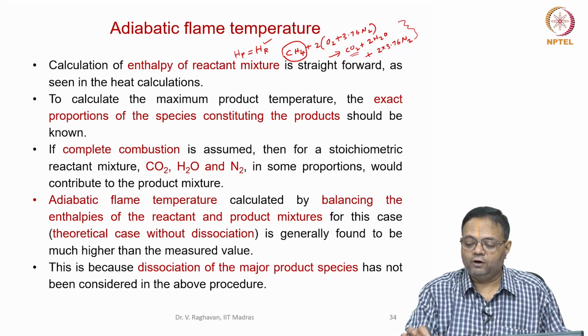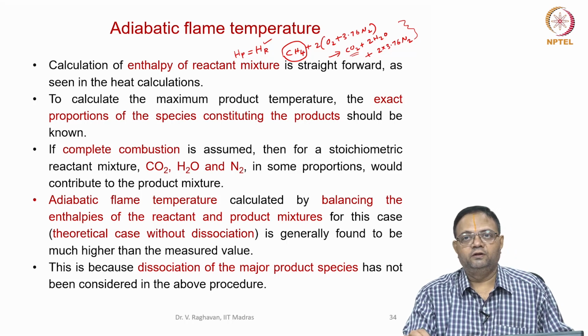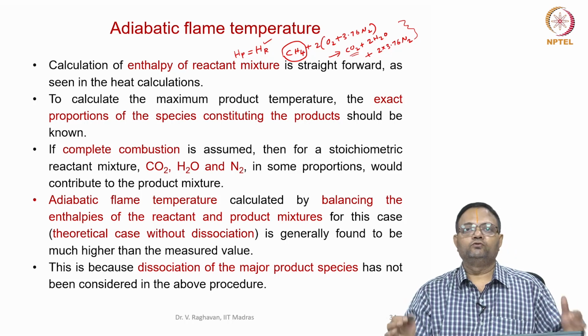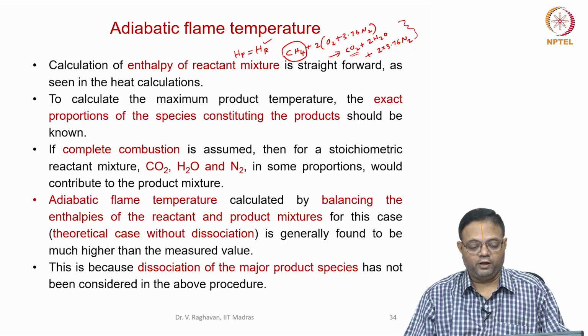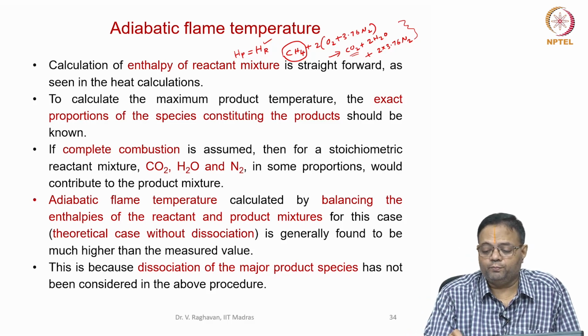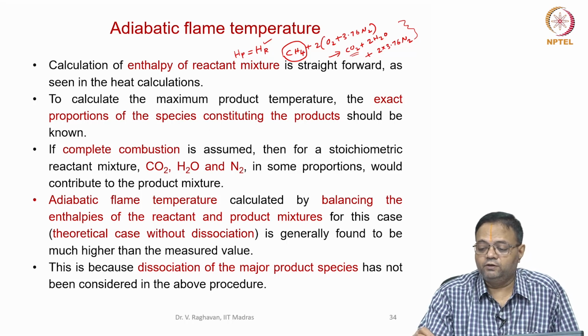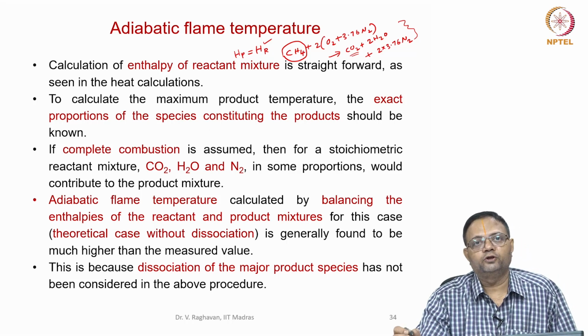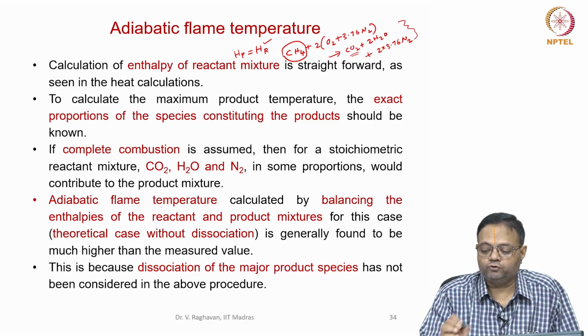But when you calculate in this procedure by fixing the products without considering any dissociation, you often over predict the temperature. So the main point here is that to calculate the maximum product temperature, the exact proportions of the species, that is CO2, H2O, CO, H2O2, everything constituting the product should be known to me.